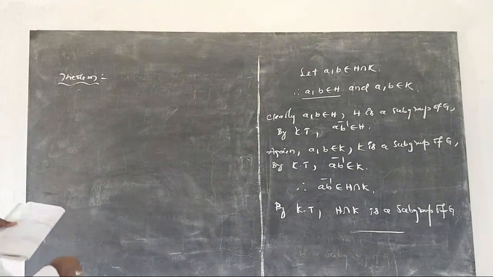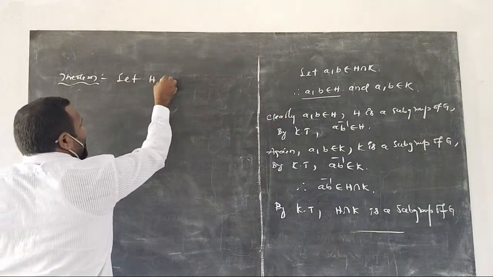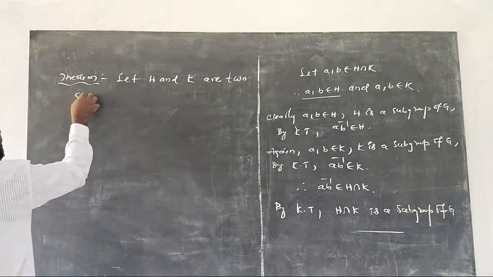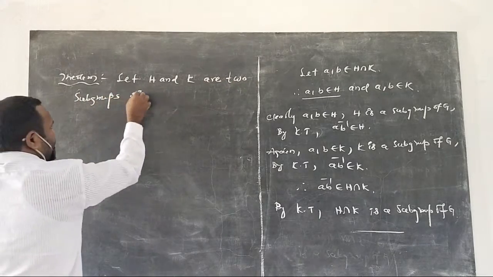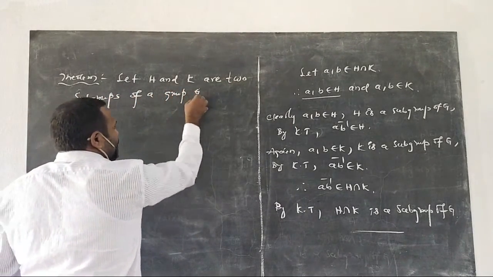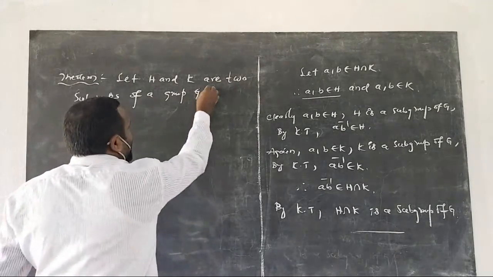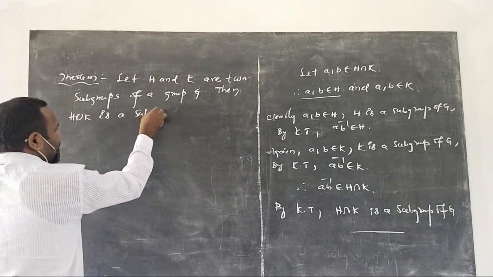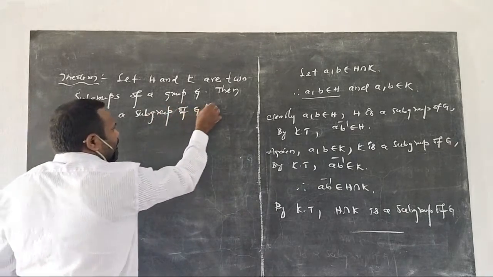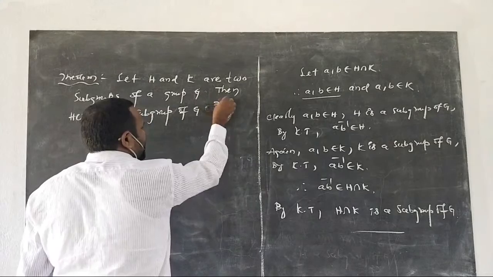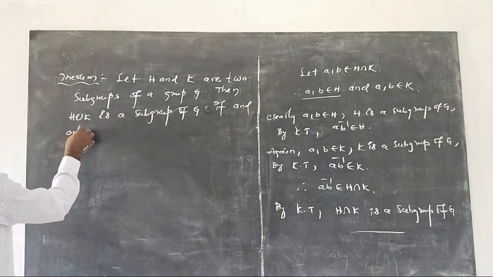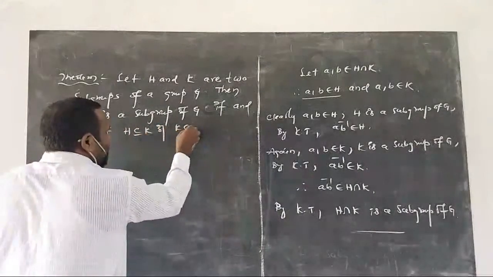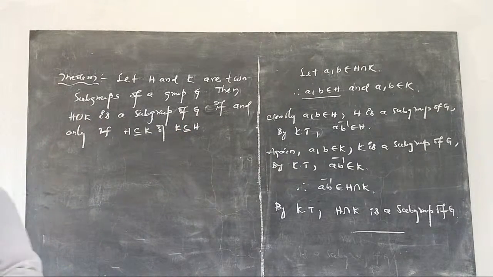Let H and K be two subgroups of a group G. H and K are two subgroups of a group G. Then H union K is a subgroup of G if and only if, you write if and only if, H is a subset of K or K is a subset of H. This is the statement.